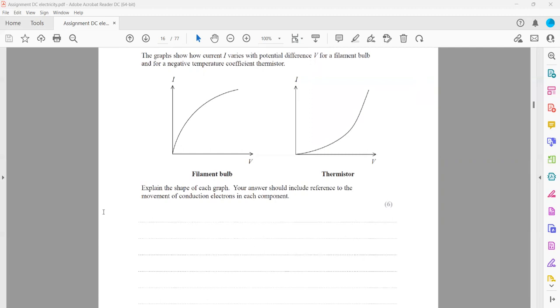the first one, what is happening? Resistance is increasing as the potential increases. That is the one point for a filament.